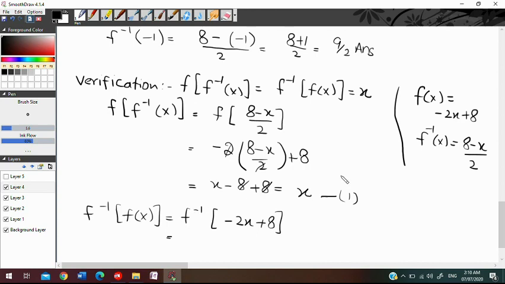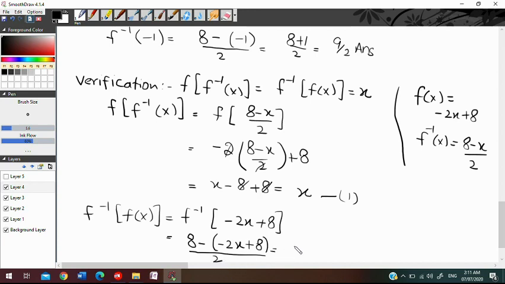When we substitute any x in our inverse function, it converts this x into 8 minus x divided by 2. So instead of x, we have minus 2x plus 8, whole divided by 2.